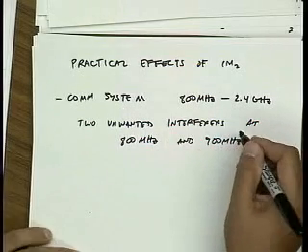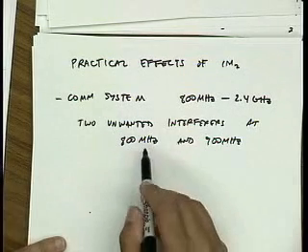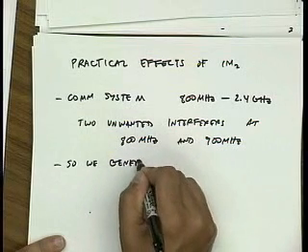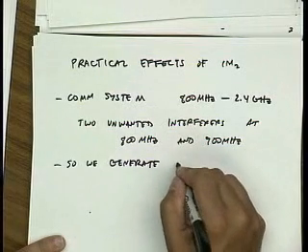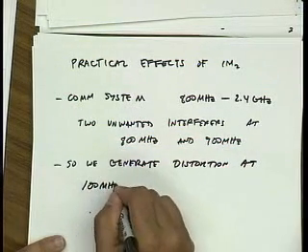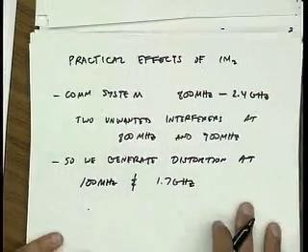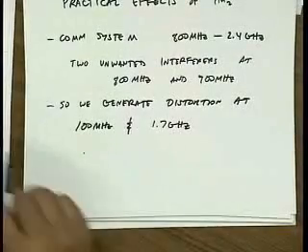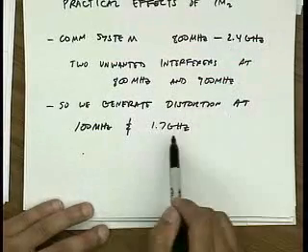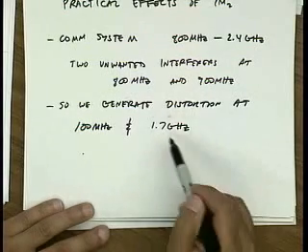Okay? Then we know that when these two things interact with the second order nonlinearity, we generate distortion at 100 megahertz and 1.7 gigahertz. And both of these, so this term, the higher order intermodulation, happens to fall in band. So if there were another channel at 1.7 gigahertz, it would have to compete with this distortion term.